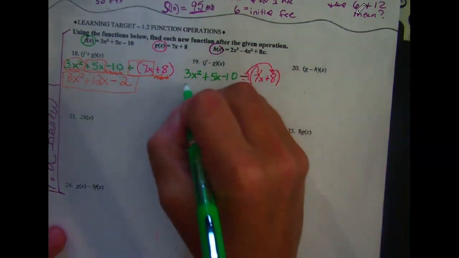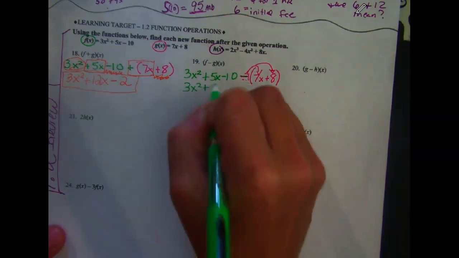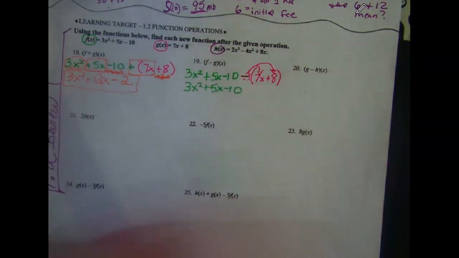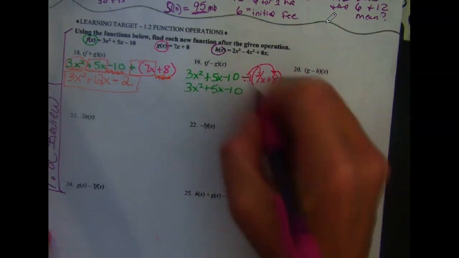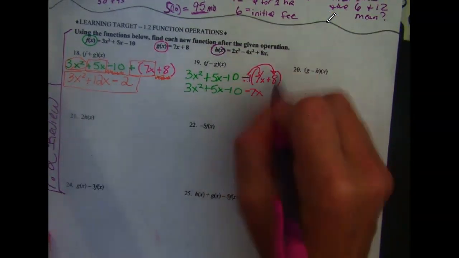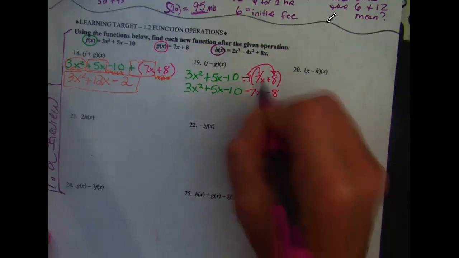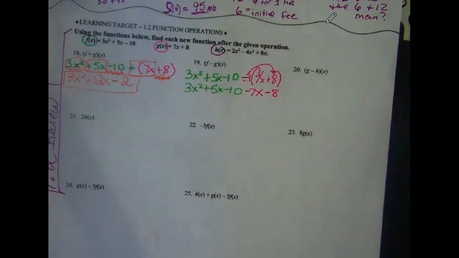So we're not doing anything with the 3x squared plus 5x minus 10, but I am going to distribute. So negative 7x and then a minus 8. So if I distributed that -1 throughout, that's what happens. All right, so my next step is combining like terms.